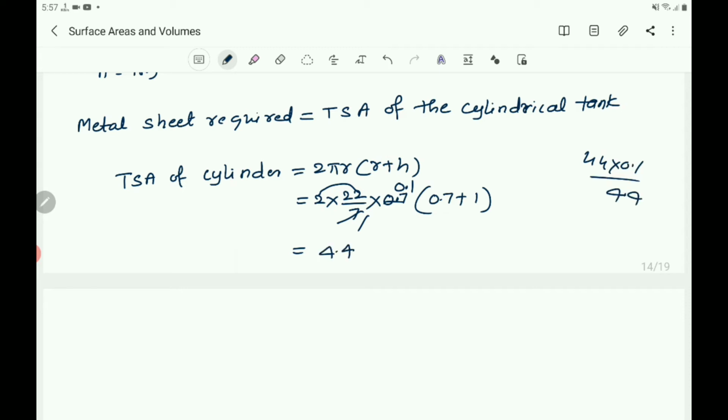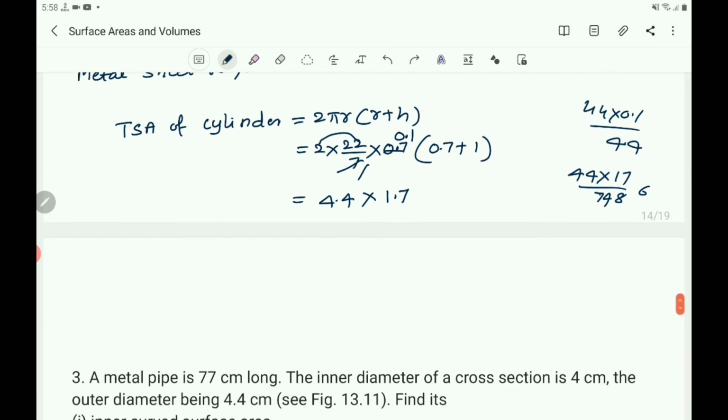So I write 4.4 into 1.7. Then 44 into 17. 17 fours are 68. 74 is 68 plus 6. Then it becomes 2 digits after the decimal. Therefore it becomes 7.48 m square.